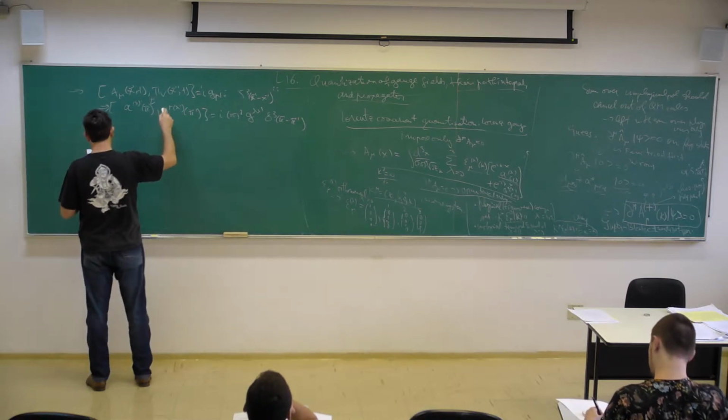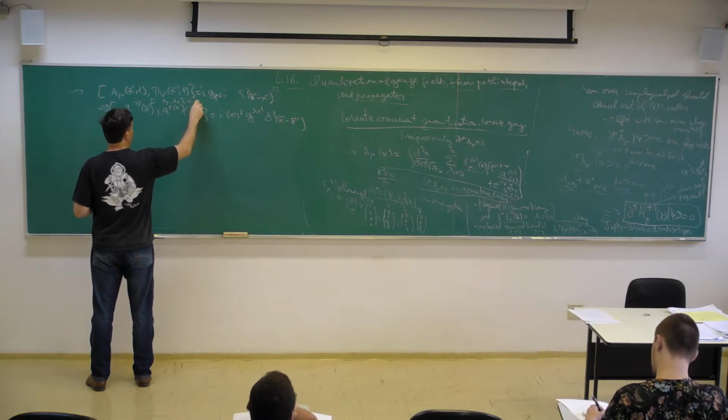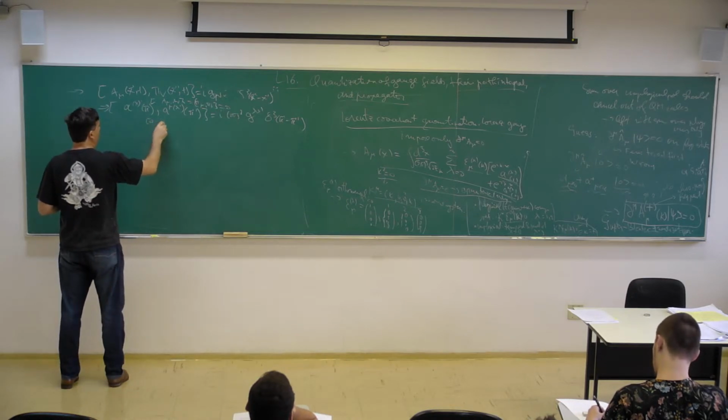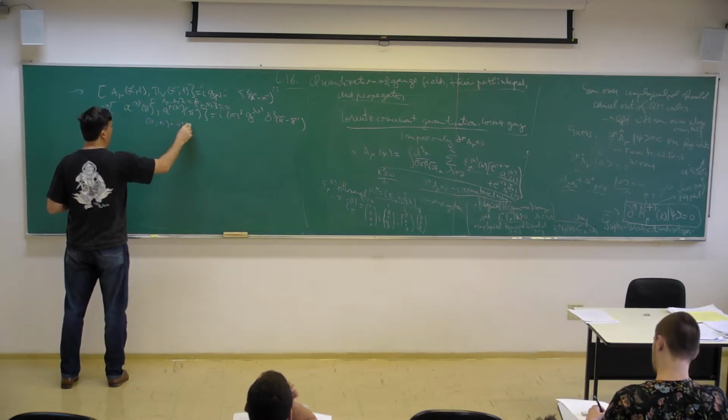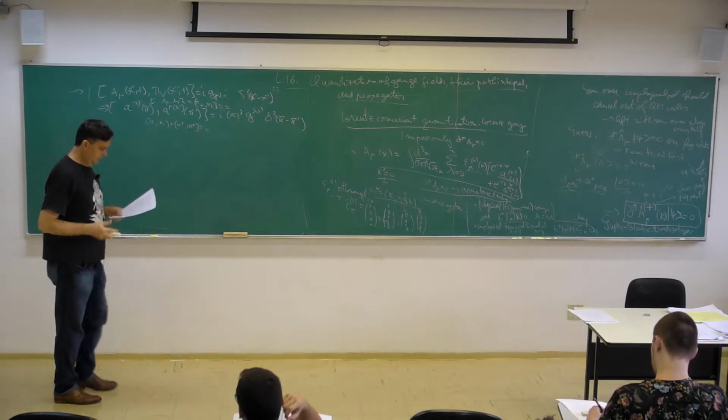And then the other ones, mu, time, 0, and here A dagger is equal to 0. Okay.